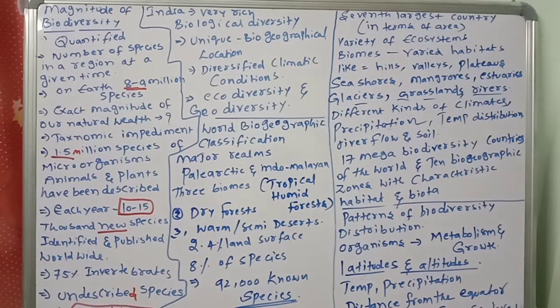Every year, 10 to 15,000 new species are identified and published worldwide, and of these, 75% are invertebrates.